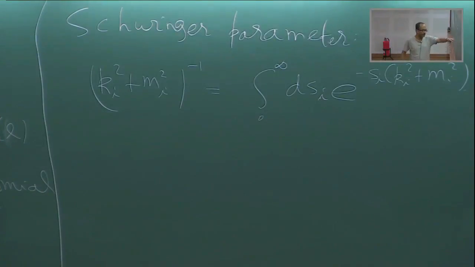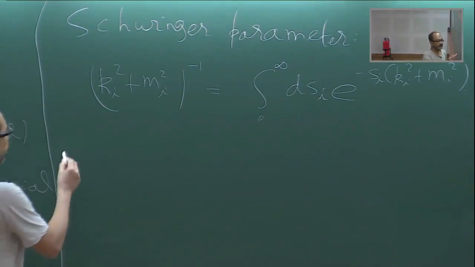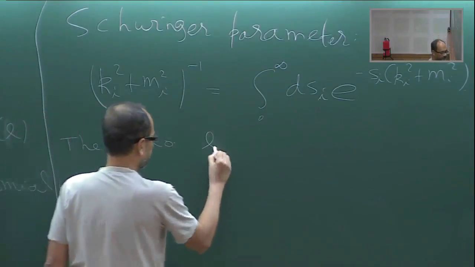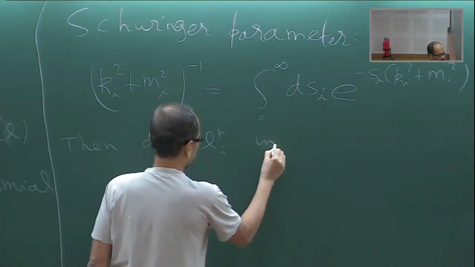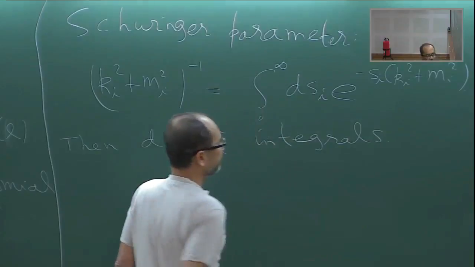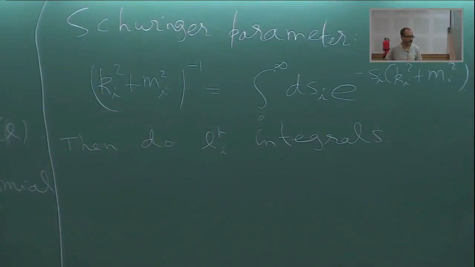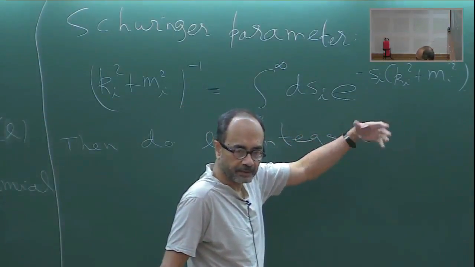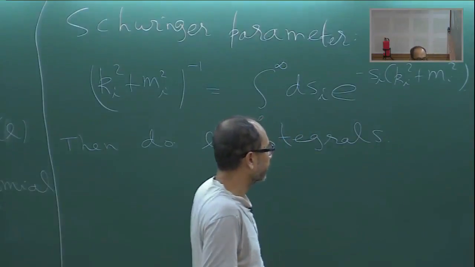Then we substitute here and do the l^mu integrals, which is now reasonably straightforward because what we have here is a Gaussian. Each of these is replaced by an exponential. You can express each k_i as a linear combination of the loop momenta and the external momenta.